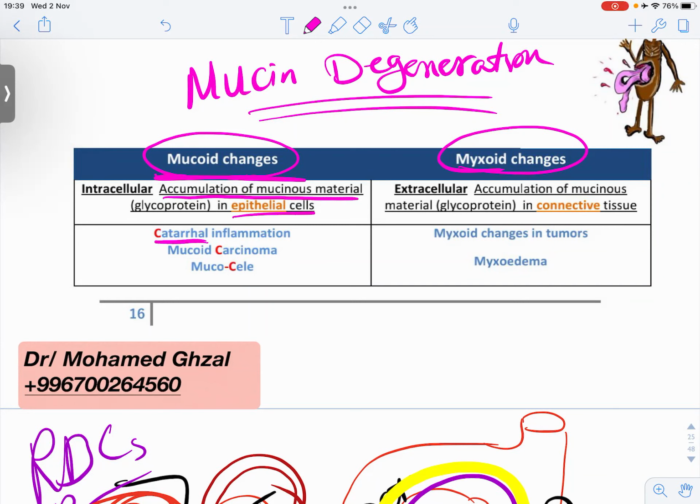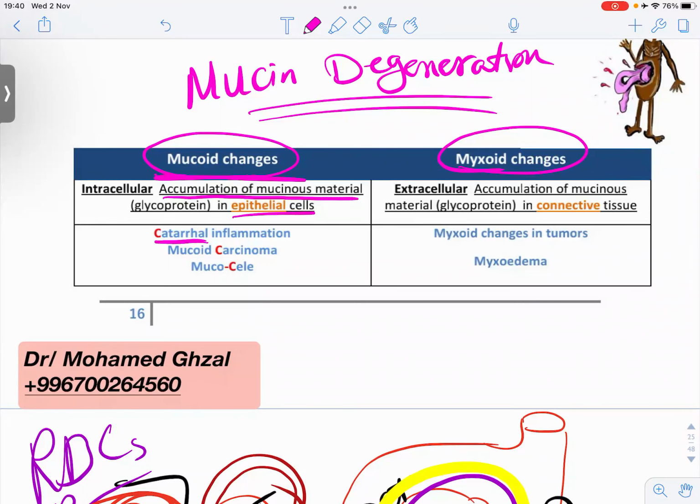Why? Because the mucus cells inside the nose start to accumulate a lot of mucin, and these vacuoles which are filled with mucin will be ruptured, and mucin will be released, and you will get a runny nose, a lot of discharge from your nose. Why?